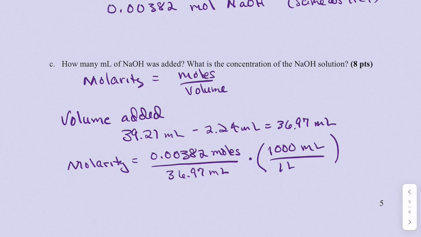All right, and again, just checking that, milliliters are going to cancel. We're going to be left with moles per liter for our final units. So we do that calculation and we get 0.1033 moles per liter. All right, that's it. That is the concentration of our unknown sodium hydroxide. Let me know if you have any questions.